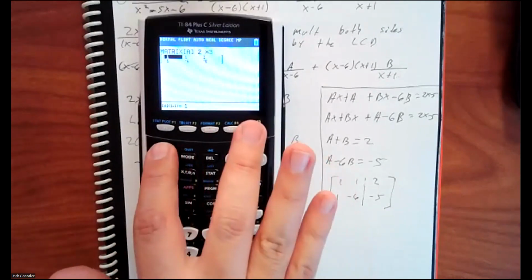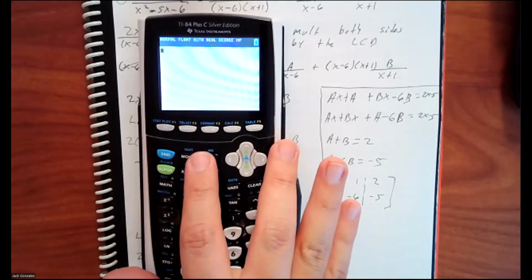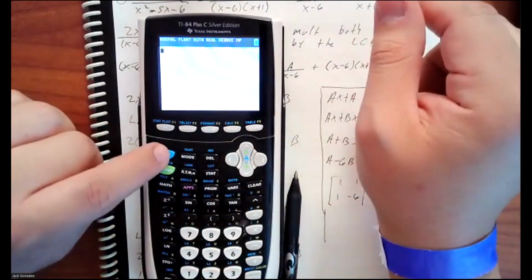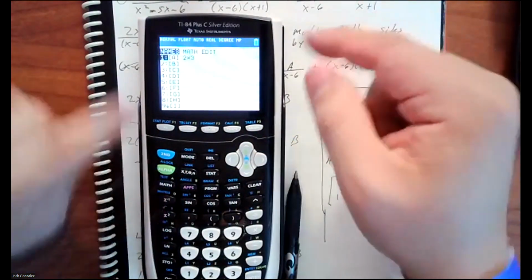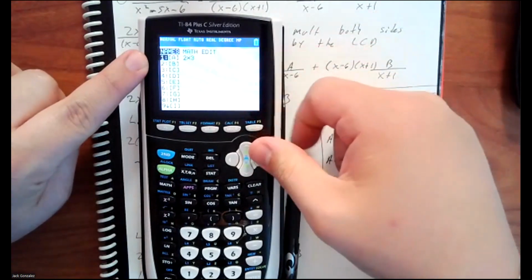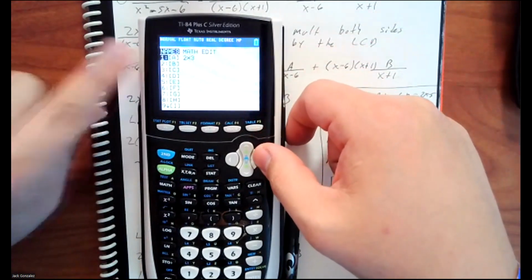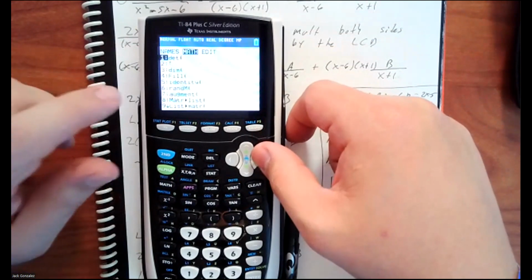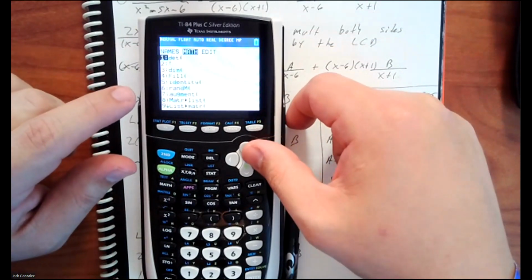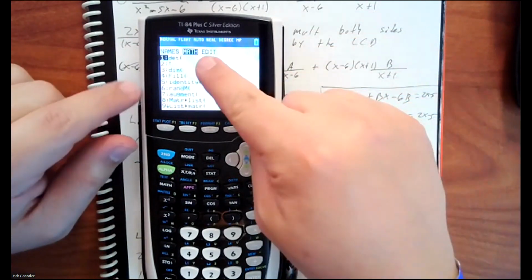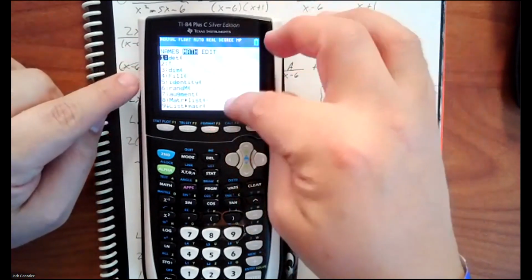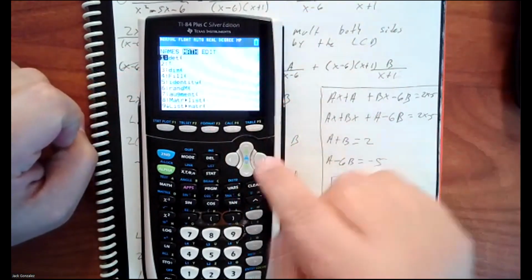Once you've put it in, just quit. Go back to the matrix menu. See how now it's saved there, 2 by 3. Go to math. This math category is all the functions and operations for matrices.